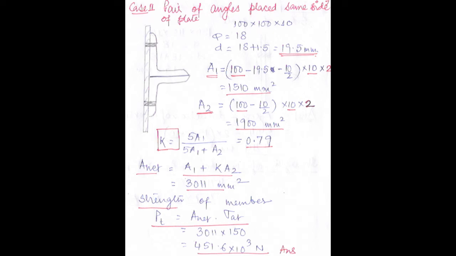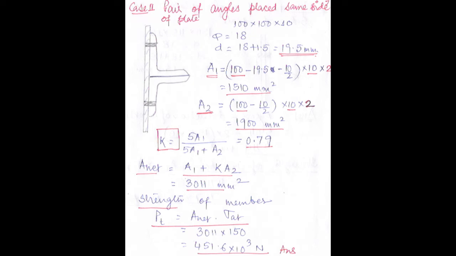Why? Because A1 is the area of the connected leg, but that is only one section. Here there is a pair of angle sections. So that's why we have multiplied it by 2, that I have written with red color. So A1 is 1510 millimeter square.